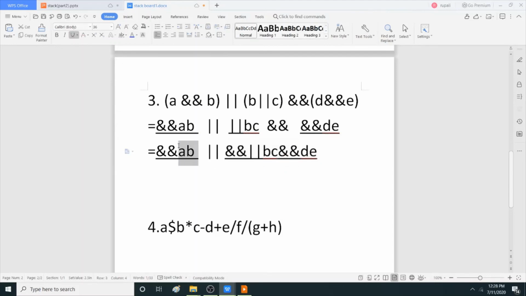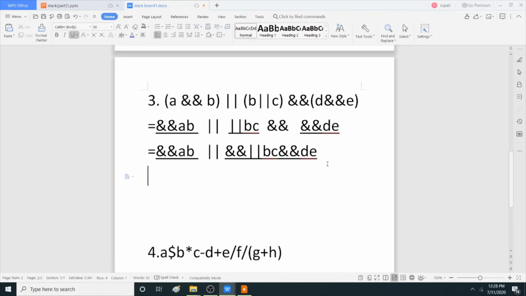Now this one is one operand, this one is another operand, in between these two there is one operator, so just write or, then copy this one, then copy this one. So this one be the result.